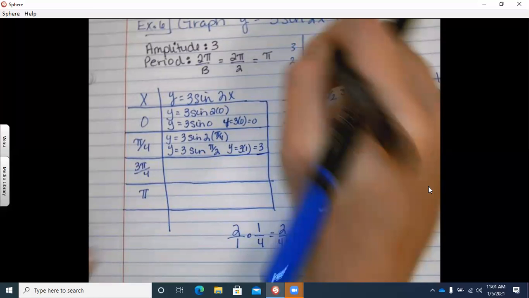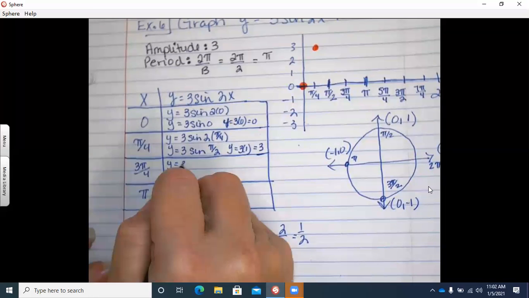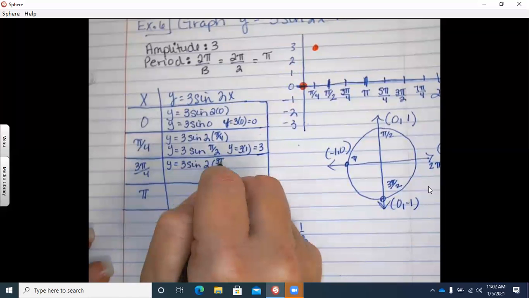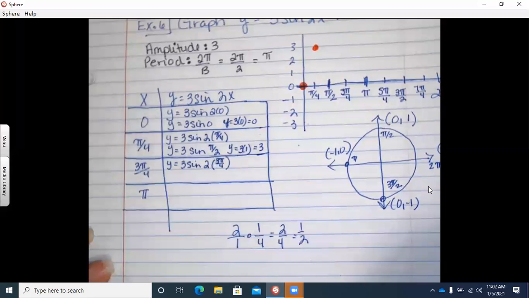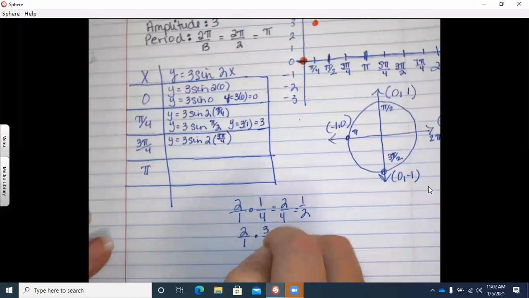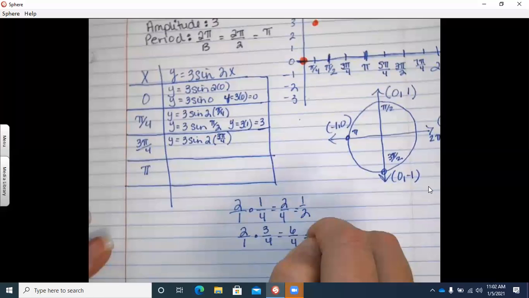Let's do 3/4 pi. So y equals 3 times the sine of 2 times 3 pi over 4. Which is the same thing as 2 over 1 times 3/4. You can put the pi in there if you want to, if you're going to get confused. But so 2 times 3 is 6, 1 times 4 is 4, and that reduces to what? 3 over 2. 2 divides into 6 3 times, 2 divides into 4 twice.